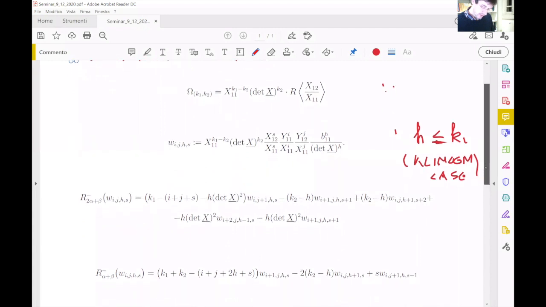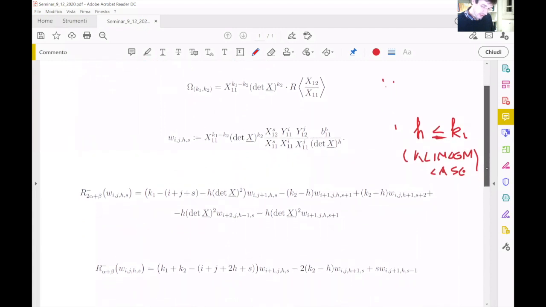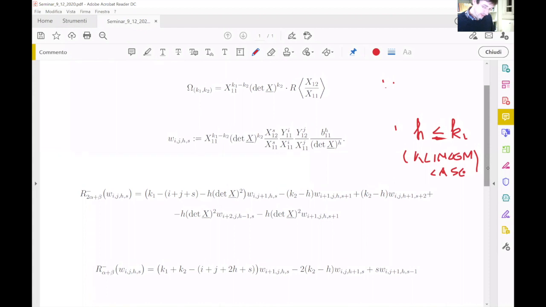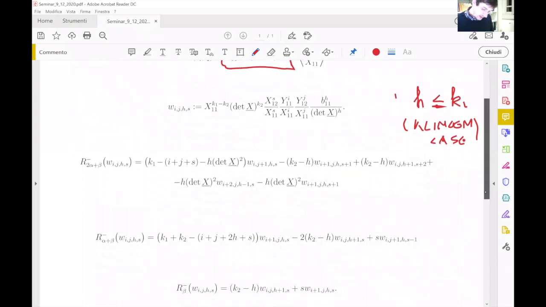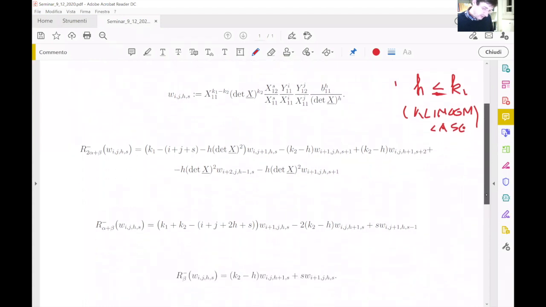And if you let the negative roots act, you can span things in terms of the highest weight vector, which is actually this one. And there are three specific negative roots that actually appear when you want to compute the three differentials that come into the definition of the Gauss-Manin connection.